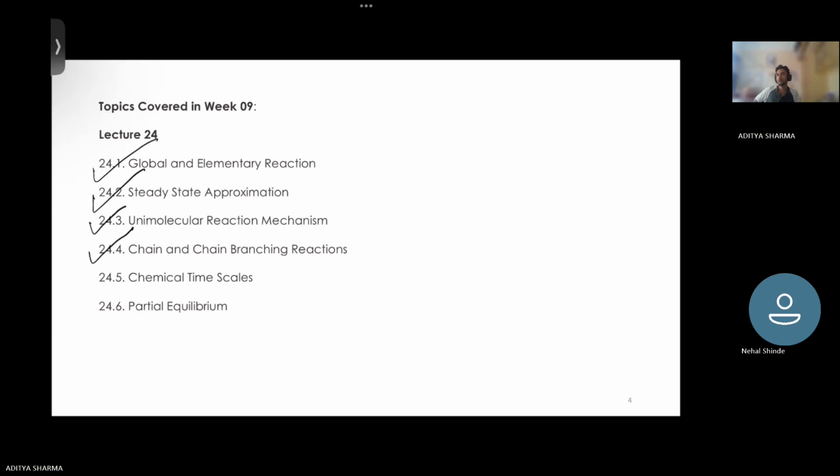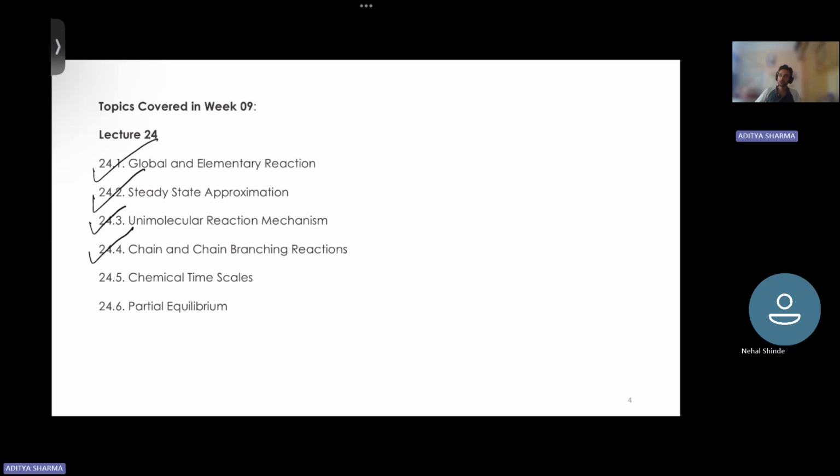The significance of chain reactions and chain branching reactions is that these reactions are encountered in places where we have explosions, or reactions that are explosive in nature.